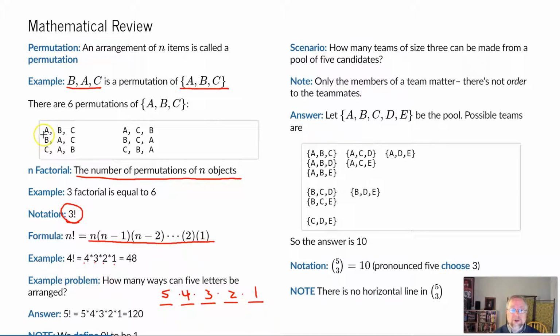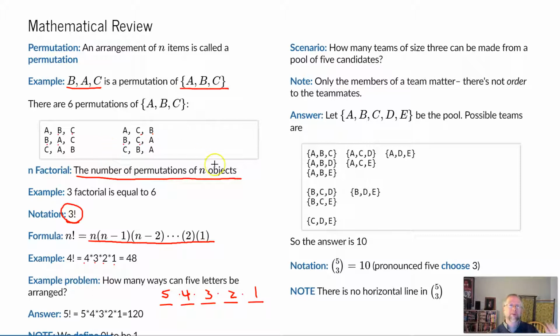So we had 3 choices for the first letter, an A, a B, or a C. After we had chosen A to be our first letter, we had 2 choices for the second letter, a B or a C, and that locked in the third letter. When our first letter was B, we had 2 choices for the second letter, A and C. Now those choices were different than they were in the previous scenario, but that's cool. And then once we'd chosen our second letter, everything else was locked into place. So 3 times 2 times 1 is 6.